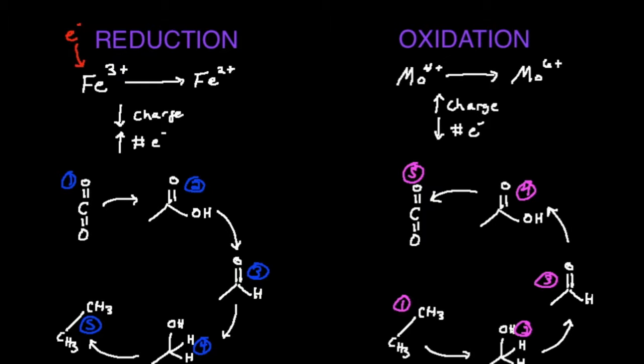One of the reasons oxidation is called oxidation is that when something loses electrons, a lot of times it's losing them to oxygen, because oxygen is a very good electron-removing substance, a good oxidant. That's why it's called oxidation. But in any case, reduction is a decrease in charge and an increase in the number of electrons. Oxidation is an increase in charge and a decrease in the number of electrons.